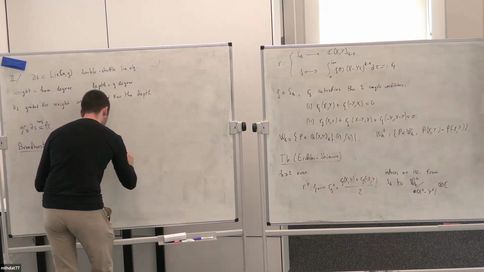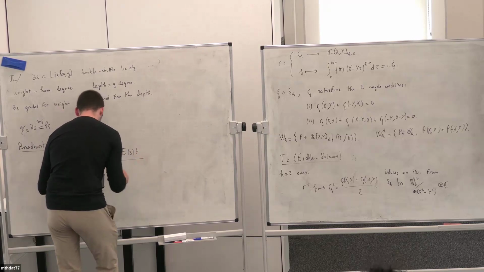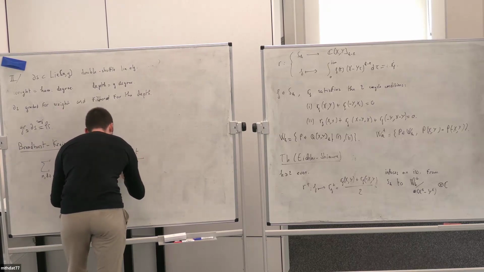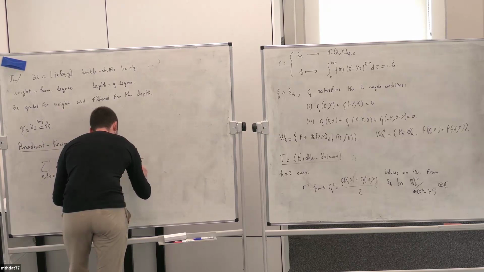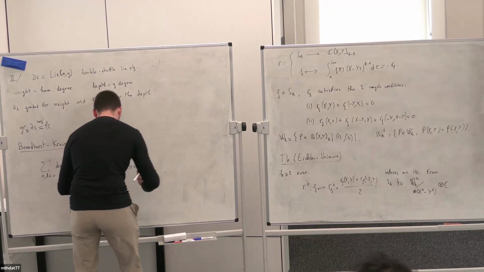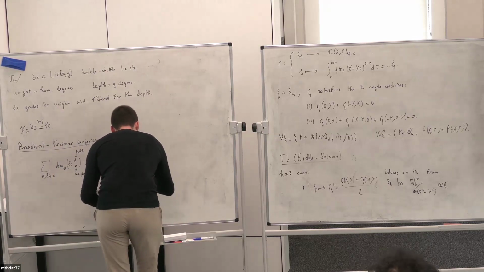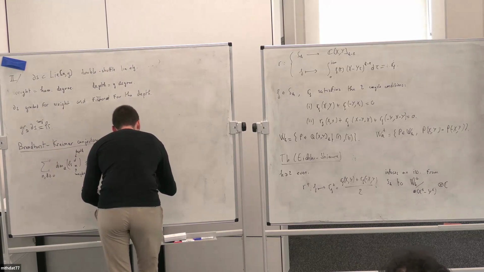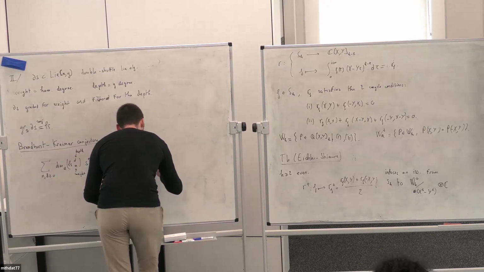So 1 plus E(s)t over 1 minus O(s)t plus S(s)t squared minus S(s)t to the 4.